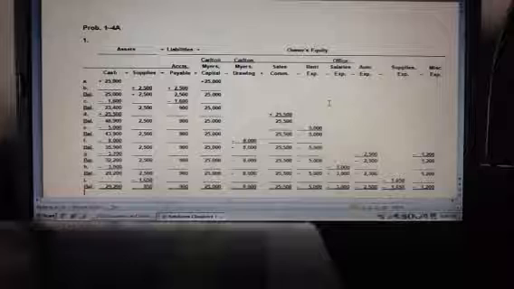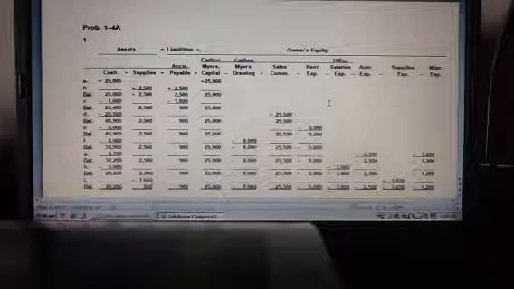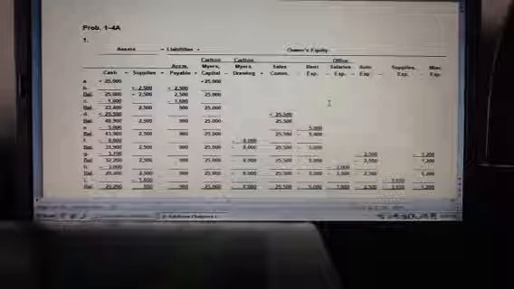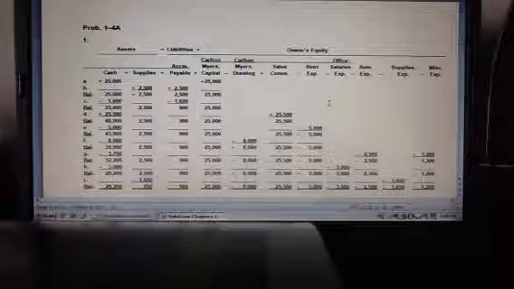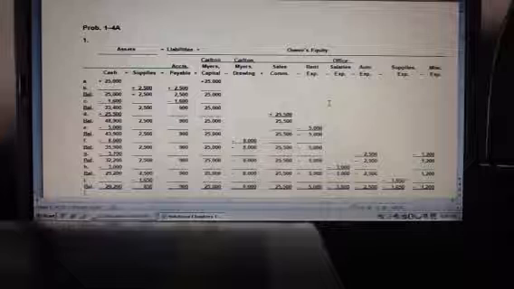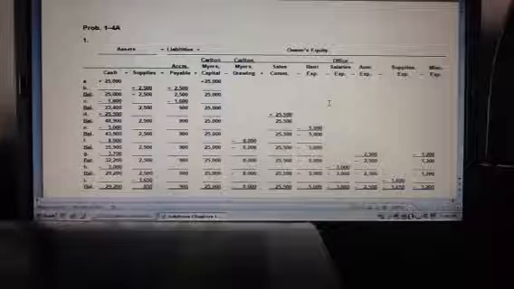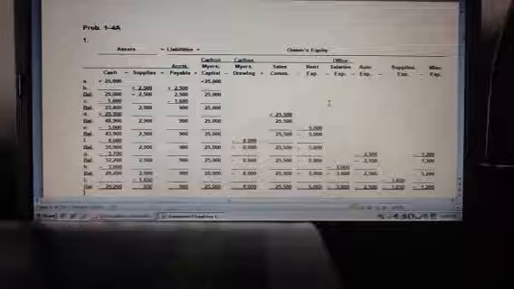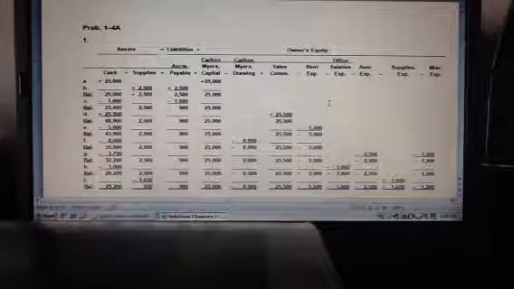Item D, we provided service for our customer and we earned some revenue. In this case, the revenue we're earning is called sales commissions. So on item D, we got cash of $25,500 and we earned sales commissions of $25,500.